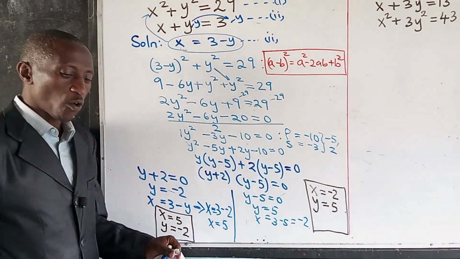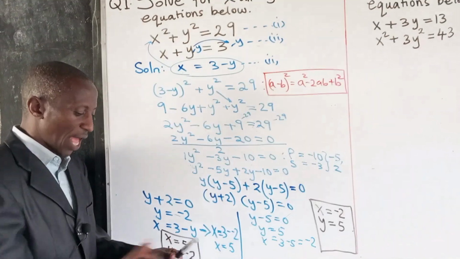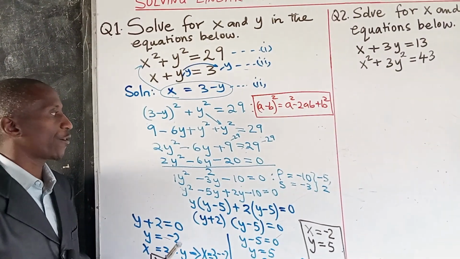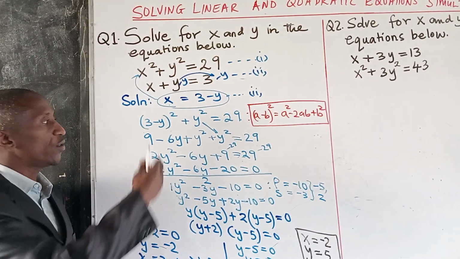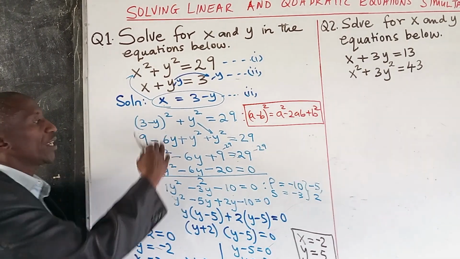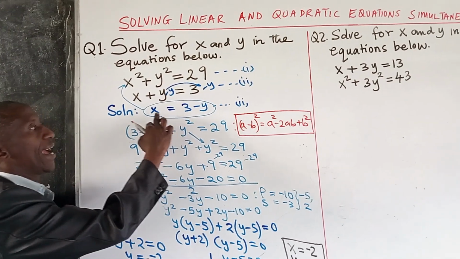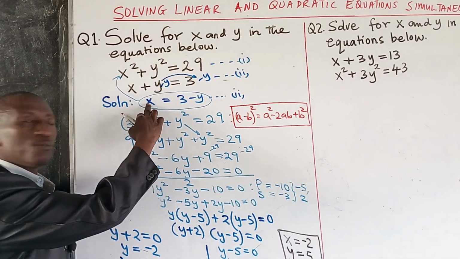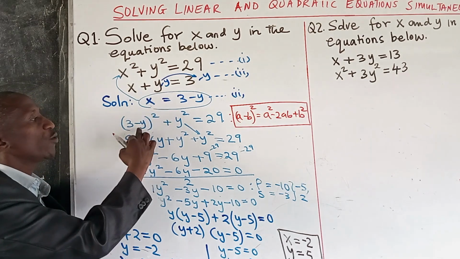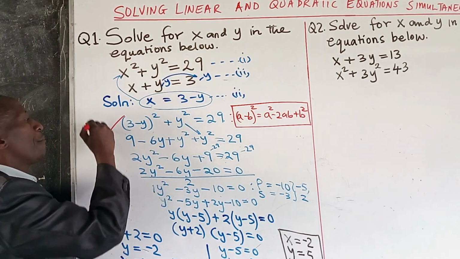So how do we go about marking this kind of question? How do we award marks for this kind of question? If the student has used this approach, we expect that when the student is able to substitute correctly the linear equation into the quadratic equation, this earns the student an M1.